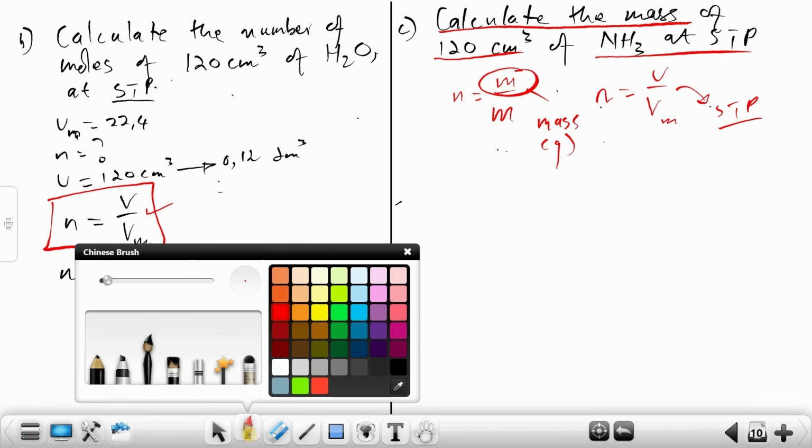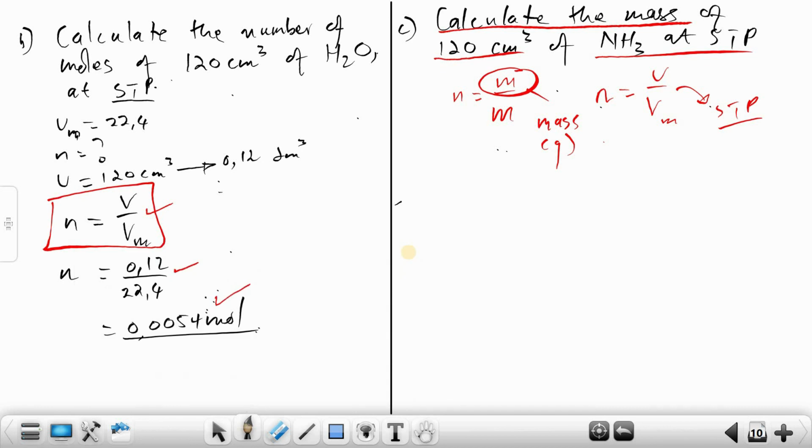So doing this together, let me first start with n, which is V over Vm. I have the volume, which is 120, converted to decimeter cubed, over 22.4, which will be 0.0054 mole.